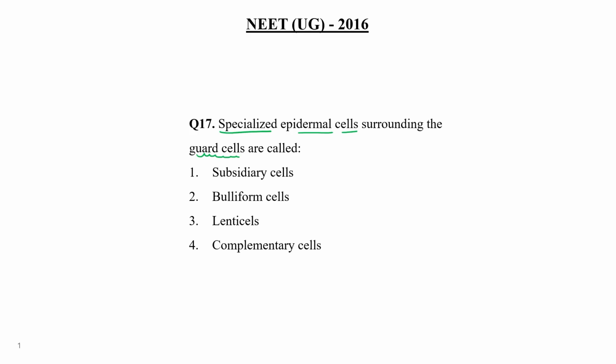Specialized epidermal cells surrounding the guard cells are known as subsidiary cells, which help the guard cells in opening and closing. Bulliform cells, these are colorless cells and are the characteristic feature of monocot leaf. Lenticels are a kind of structure just like stomata, present in the stem. Right? So subsidiary cell is the correct answer.